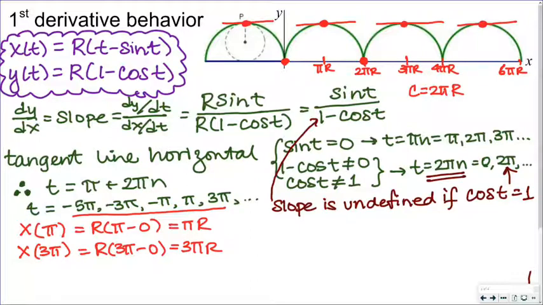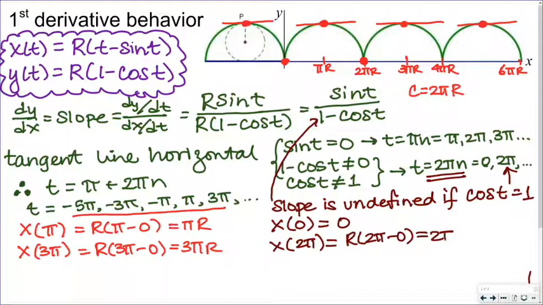And if you look at those points, well, what's going on there? What is x of 0? Well, it's 0. X of 2 pi is r 2 pi minus 0, or 2 pi r.